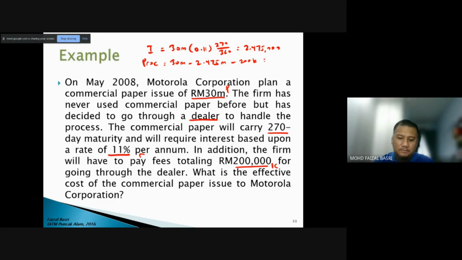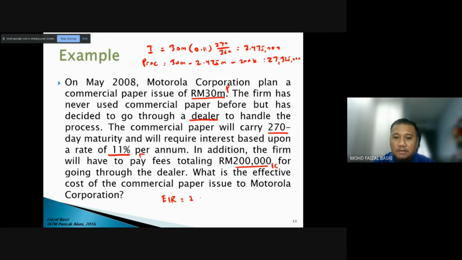So here it's 27 million 325,000. That's my proceeds.